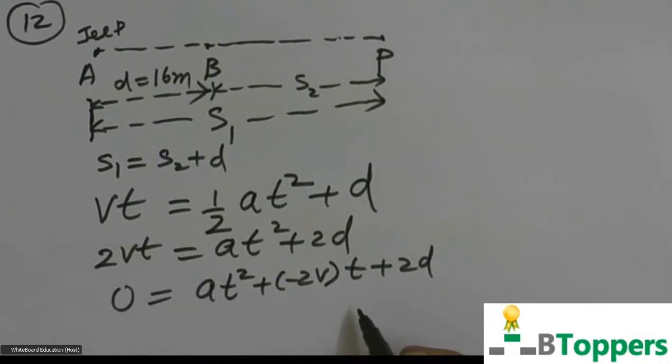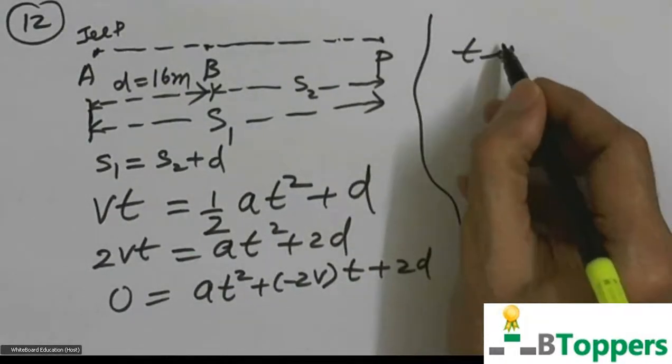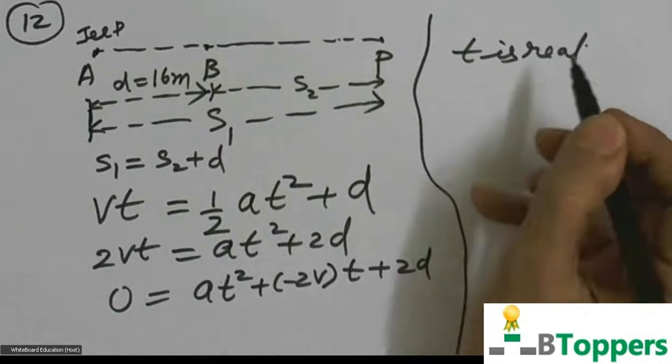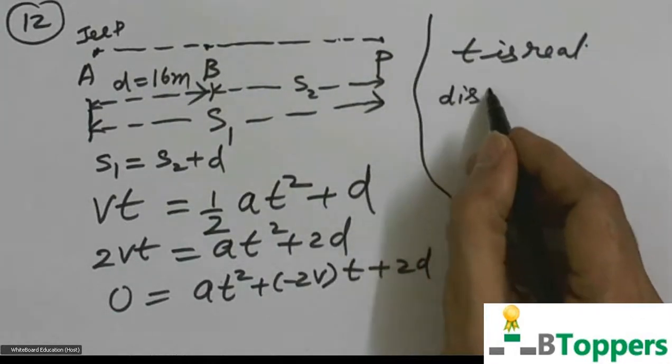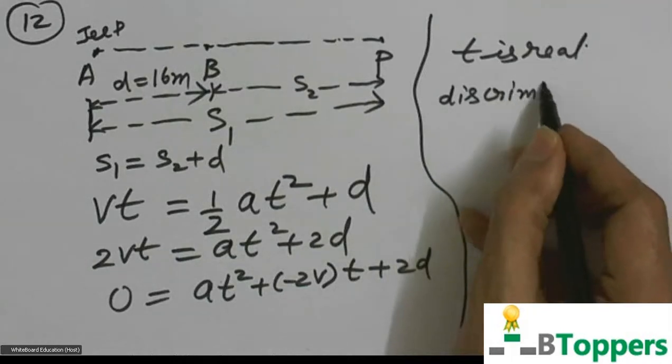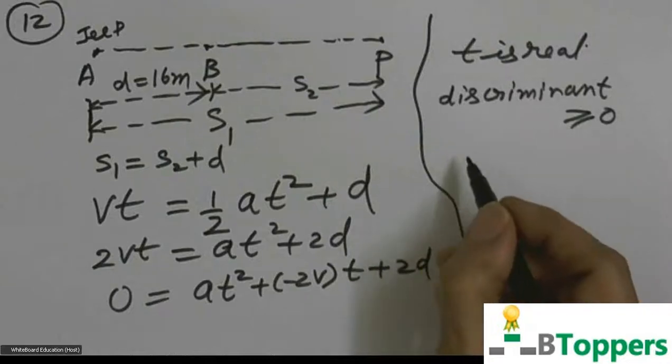So the dacoit will be caught by the police if the solution of this equation is real. That means time T must be real. So the time T is real, the discriminant of the quadratic equation is greater than or equal to 0.